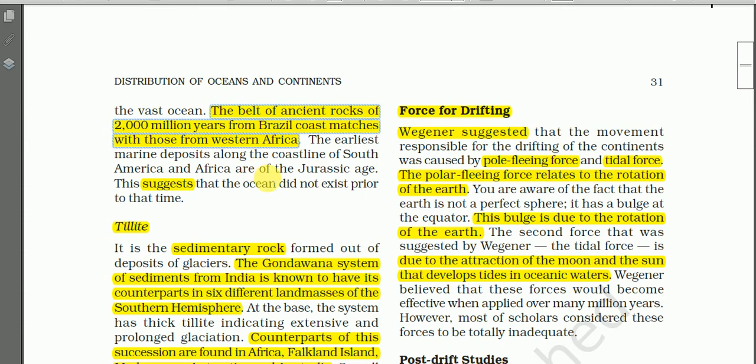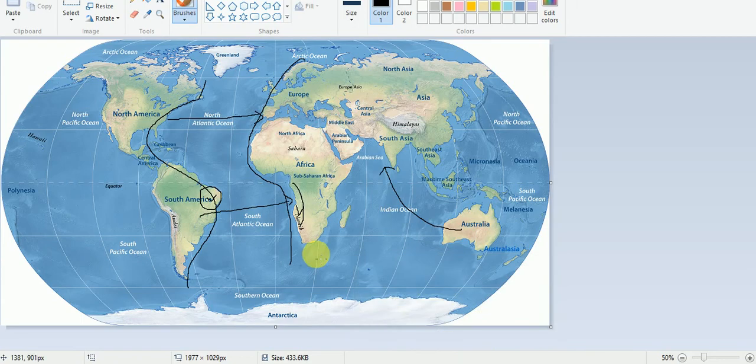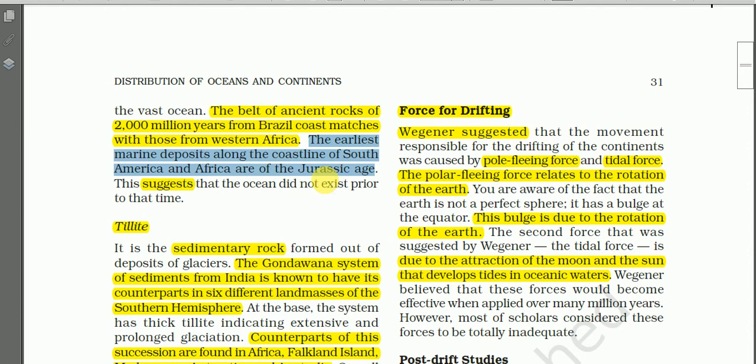The earliest marine deposits along the coastline of South America and Africa are of Jurassic age. Earliest marine deposits means oceanic deposits. These marine deposits found here and found here are of the same Jurassic age.